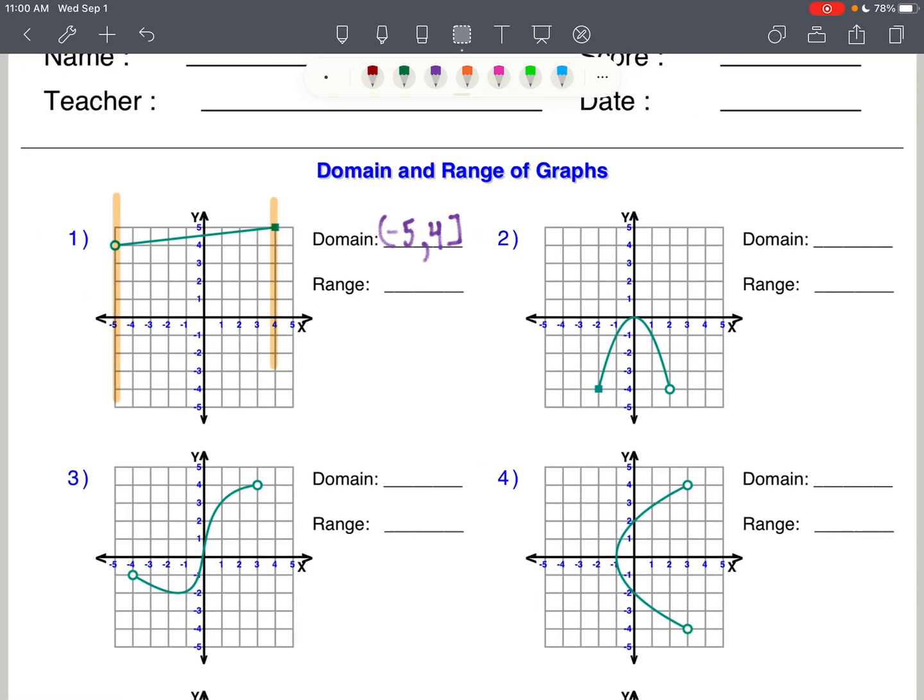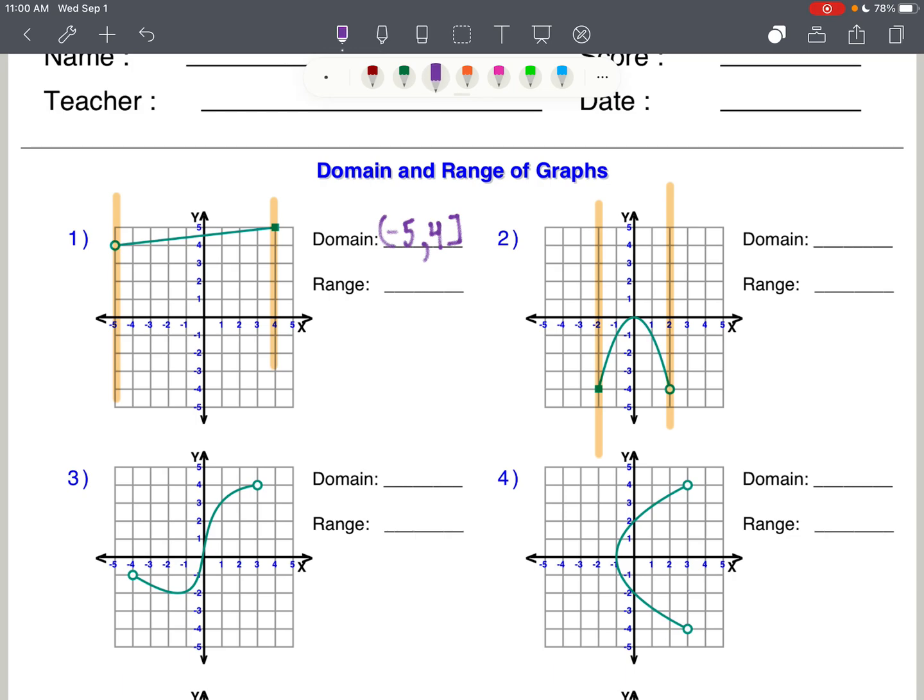So let's try domain and range again. Let's try domain first, and then I'll come back and do the range. Let's talk about number 2. The left end is -2, and then we continue to the right to +2.